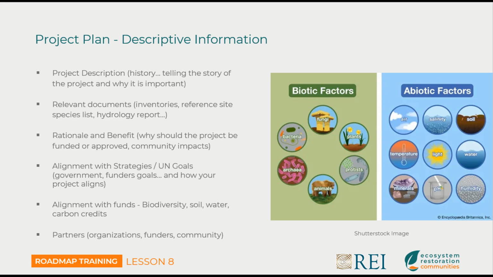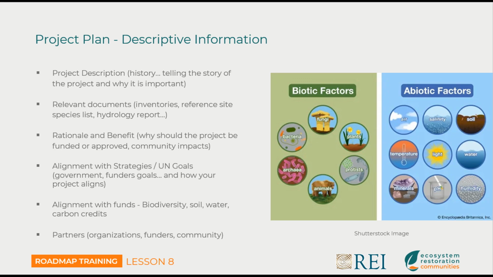All those documents, put them all together and reference them. Your rationale and the benefit. Why should the project be funded or approved? And what are the community impacts? Is it impacts on just the wildlife, or is there benefits for the larger community as well? Carbon sequestration, biodiversity credits, different things like that.